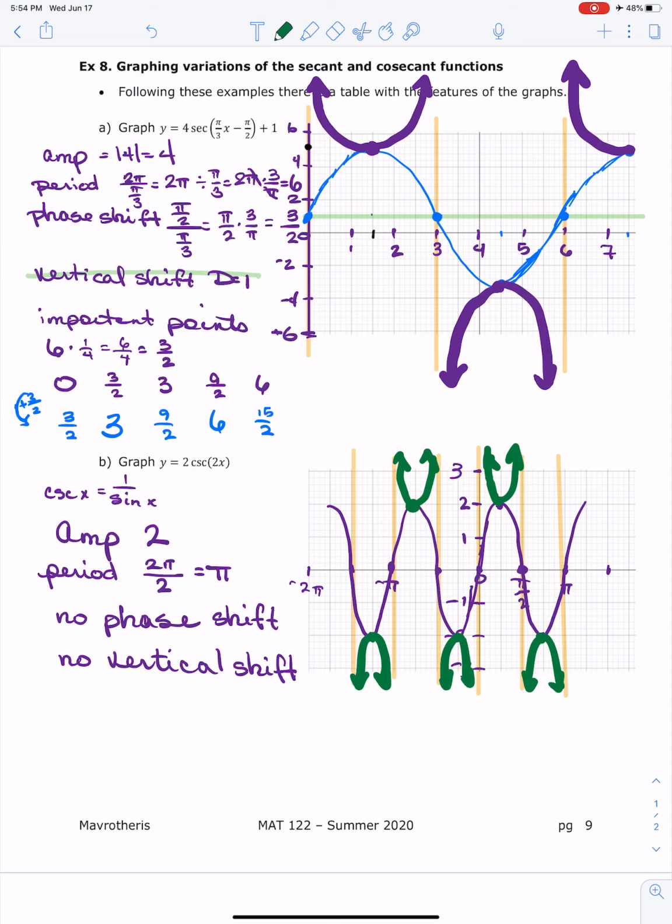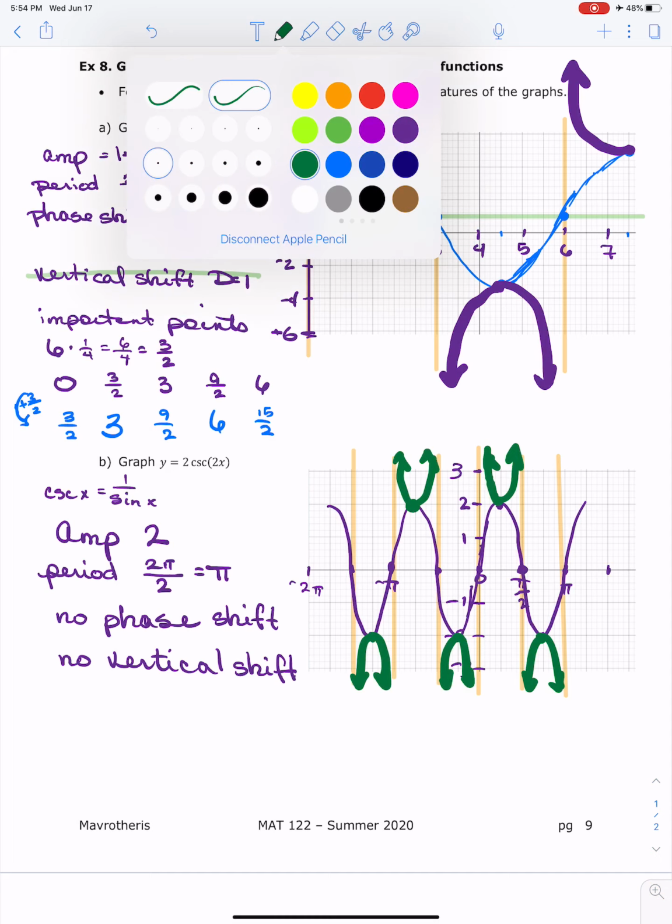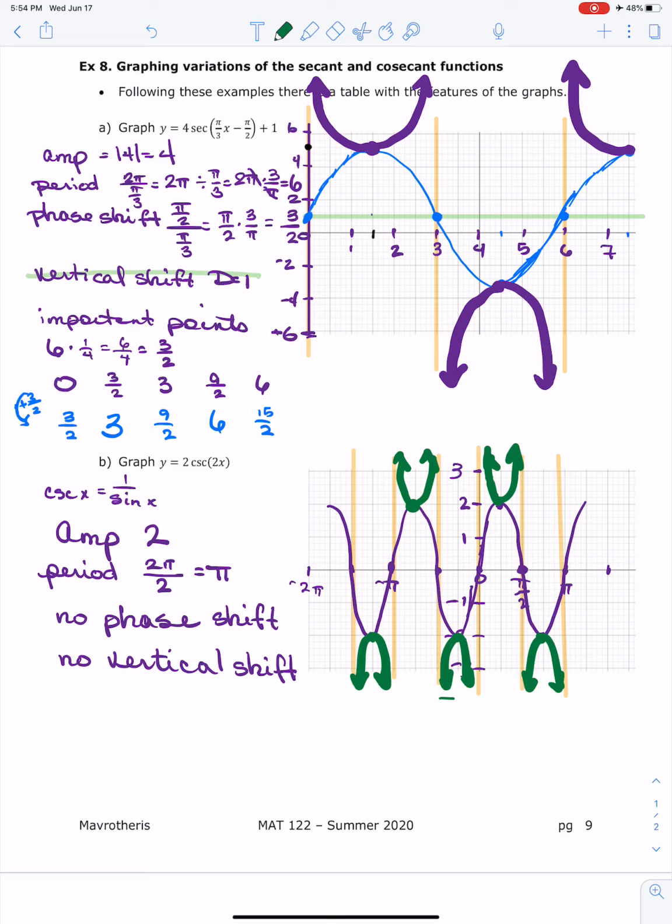Again, the period for our cosecant is 1 pi. Okay, and that's taken us from negative pi over 2 to positive pi over 2. 1 full pi, everything repeats.